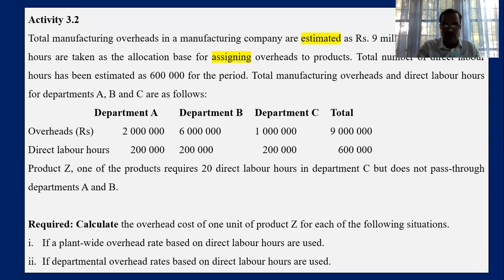The issue is, if you take a single overhead rate by considering the entire 9 million and entire 600,000 hours and multiply it by 20 hours, that cost would not be logical. But if you take 1 million and 200,000 hours, that would be more logical, even though there are weaknesses in that as well.